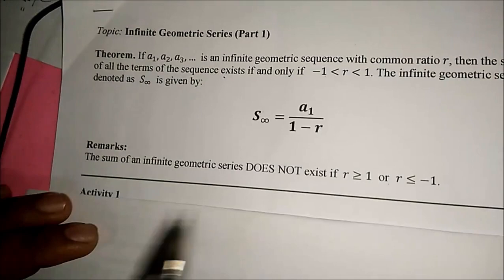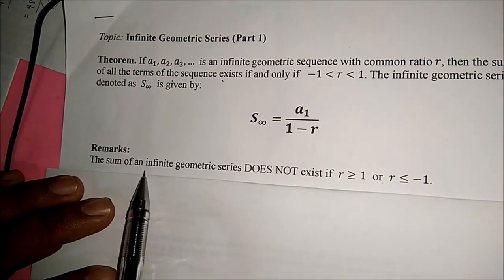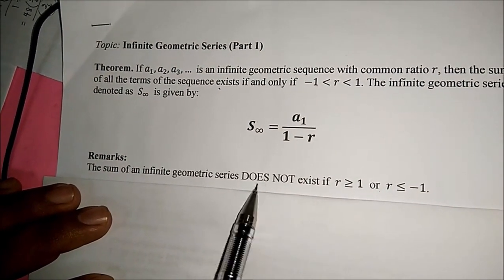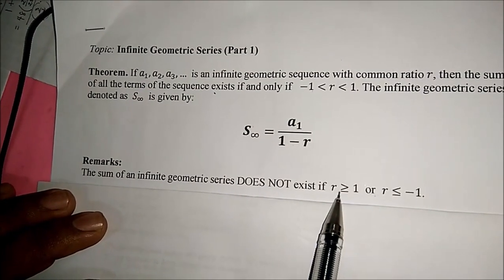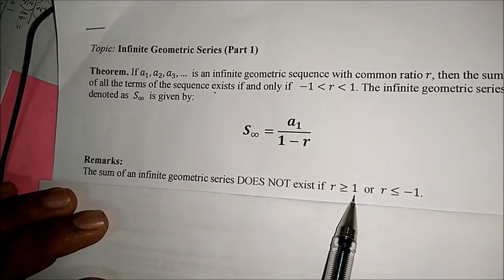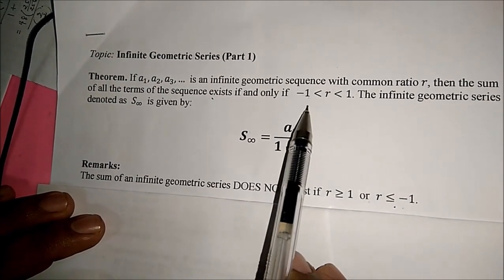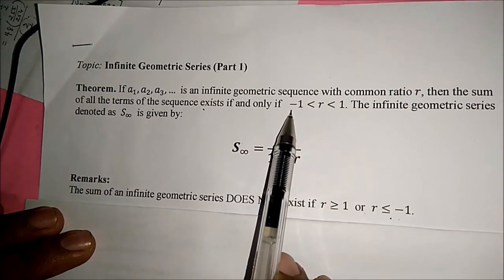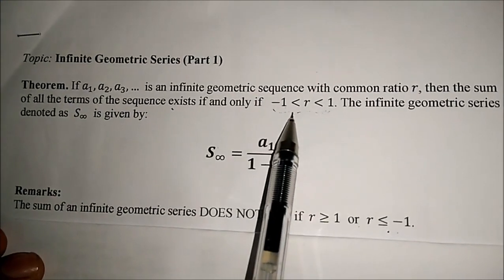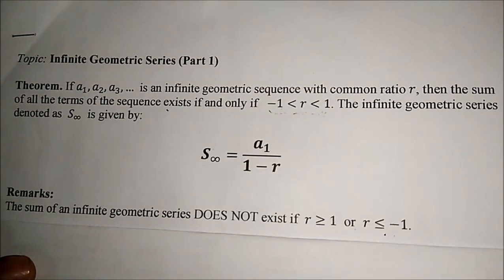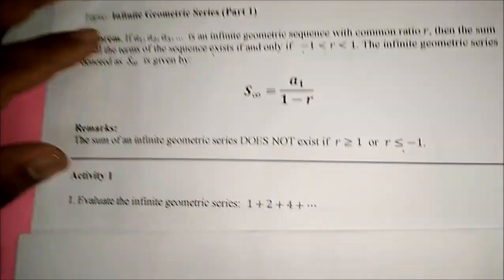So, remember that the sum of an infinite geometric series does not exist if r is greater than or equal to 1 or if r is less than or equal to negative 1. So, only the ratio that belongs to this range, kapag nandito yung ratio, makukuha natin yung sum up to infinity.